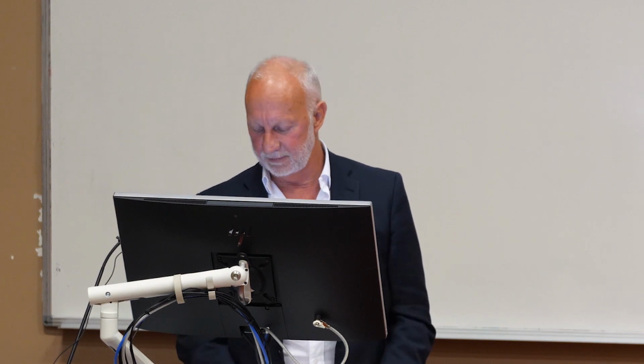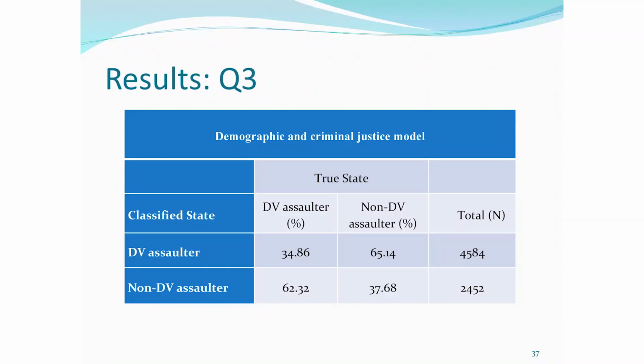So the question is, how different are they from people who just do DV assault? What we've done is take the various demographic and criminal justice factors like age, gender, their number of prior offences, concurrent offences and so on, and we've tried as best we could to classify them as being either a DV assaulter or a non-DV assaulter, and we didn't do very well.